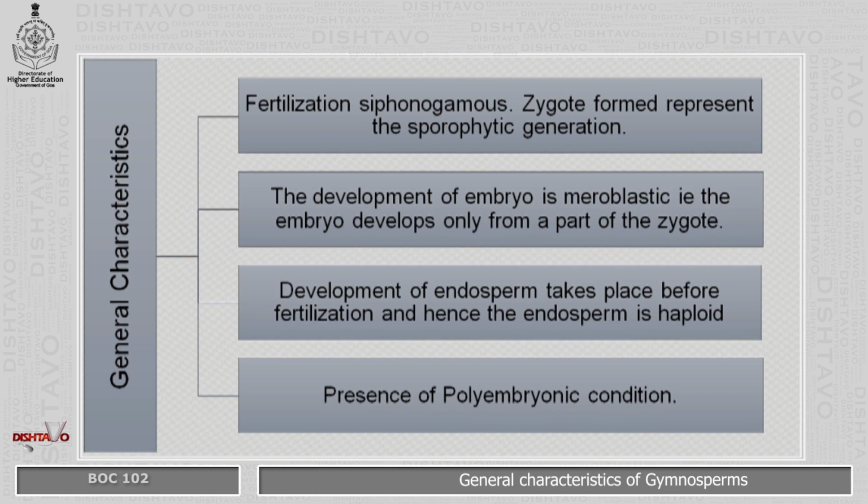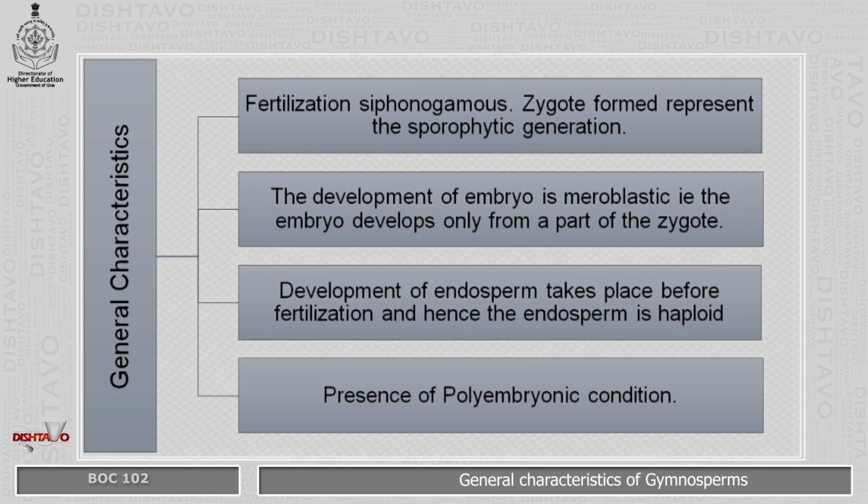And this diploid zygote represents the sporophytic generation. The embryo which is developed from the zygote is called meroblastic. The reason is the entire zygote does not develop into the embryo, but only a part of the zygote develops into an embryo.